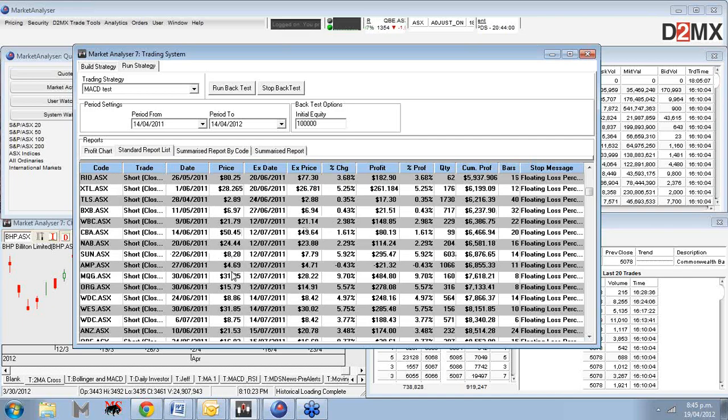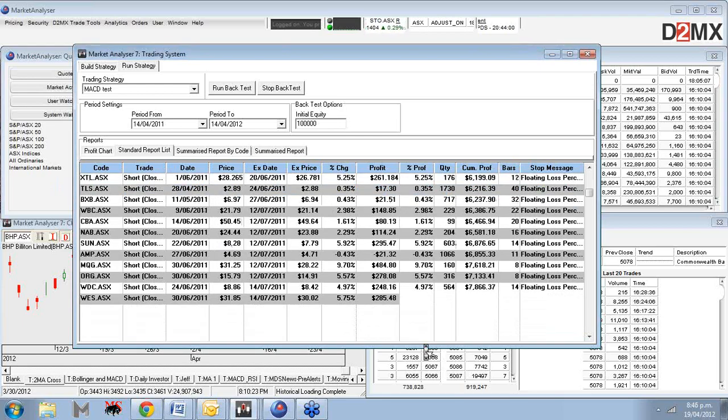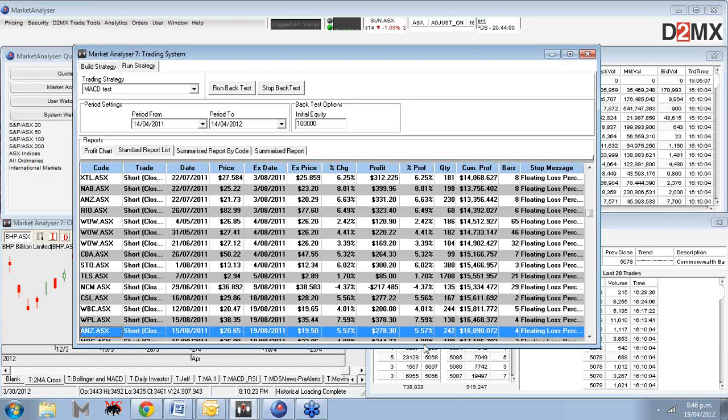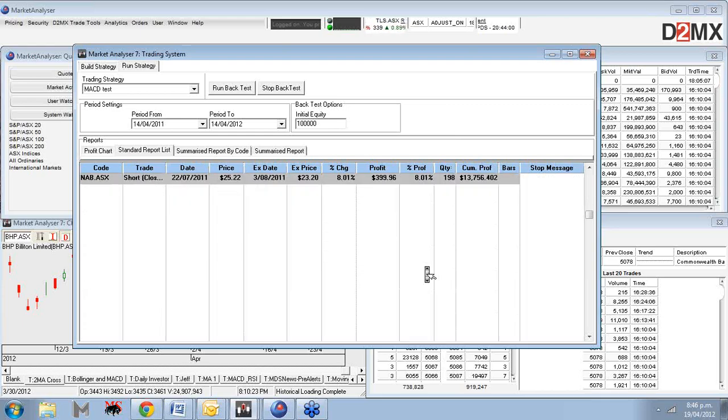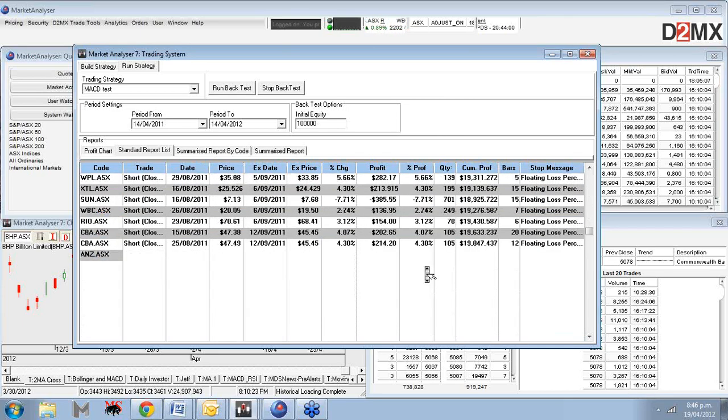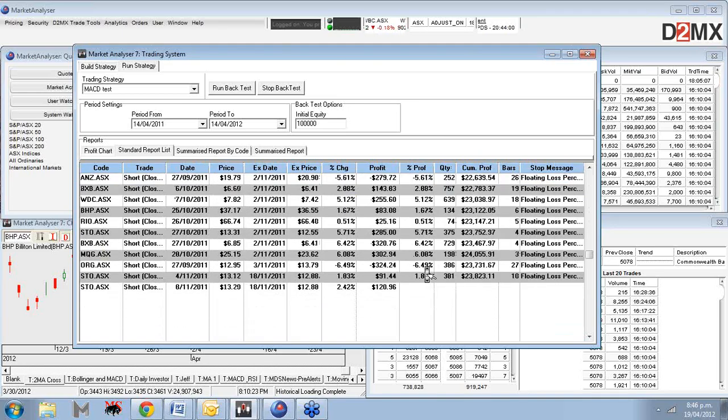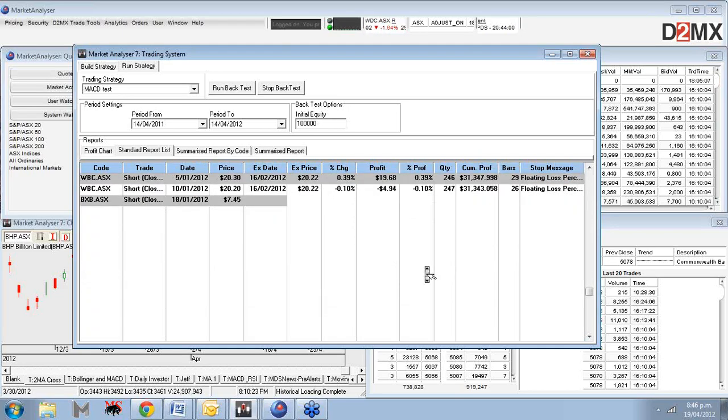So if we pick a particular trade, pick a recent one, scroll down, where are we? Pick one down near the bottom of the list.